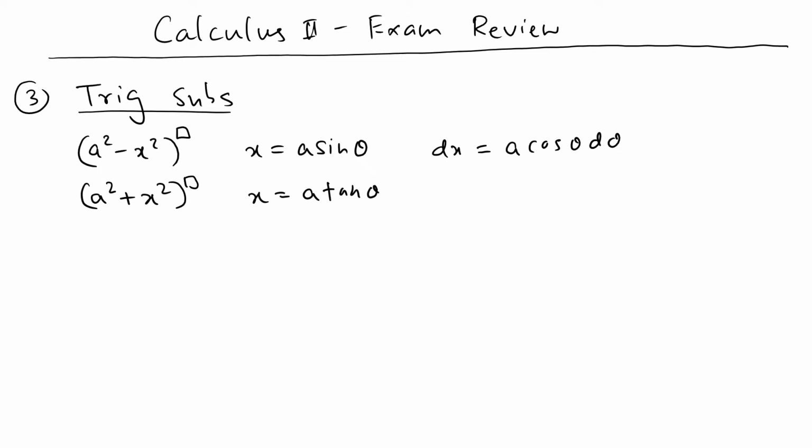That's the next type. In this case, we have dx equal a secant square theta d theta. And then we have x squared minus a squared. So that's the first one in reverse order. The substitution is x equal a secant theta.